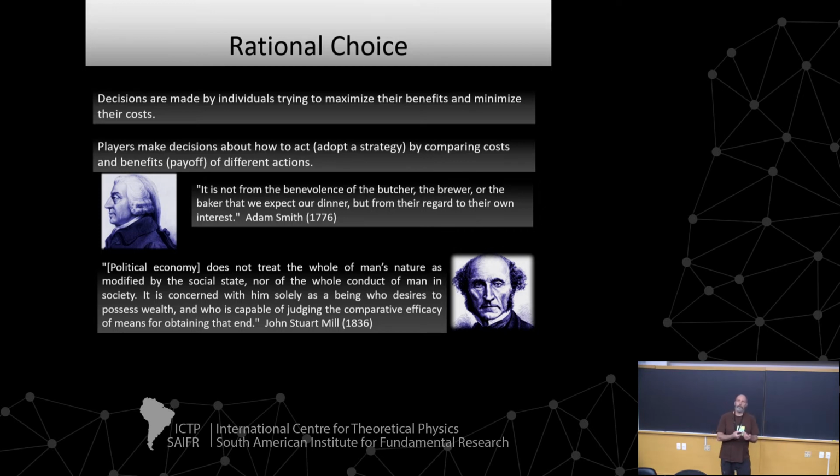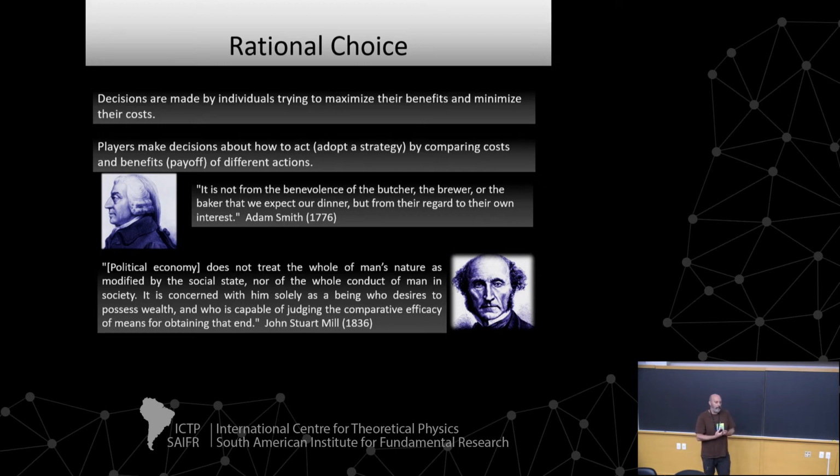Act means adopting a given strategy by comparing these costs and benefits in different actions. So I will try to decide which strategy I will choose by comparing whether this strategy will give me a higher or a lower payoff, depending also on what I can expect from the other player.